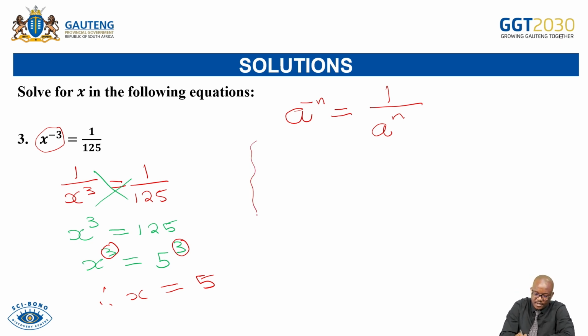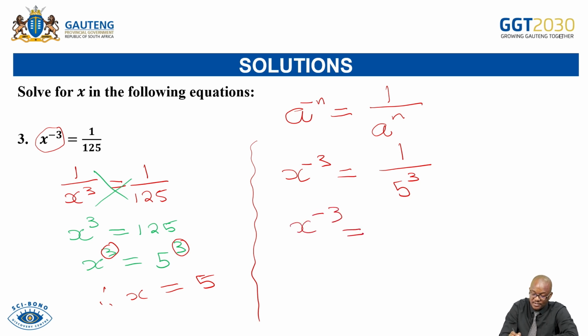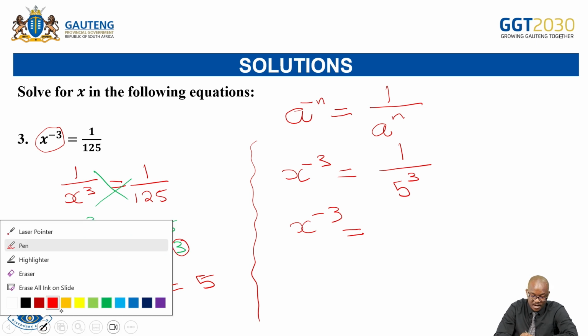Remember, we have different learners and they think differently. Some learners can approach this by saying x to the exponent of -3 equals 1 divided by 5 to the exponent of 3. Now we apply our rule.